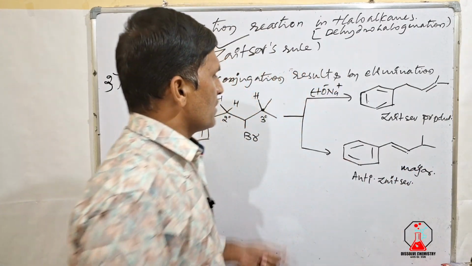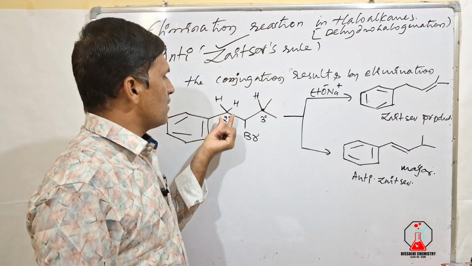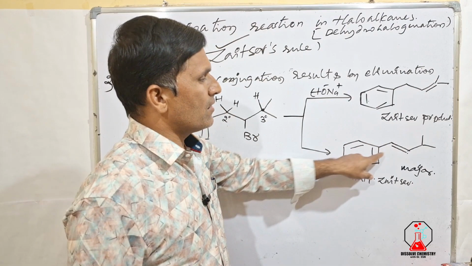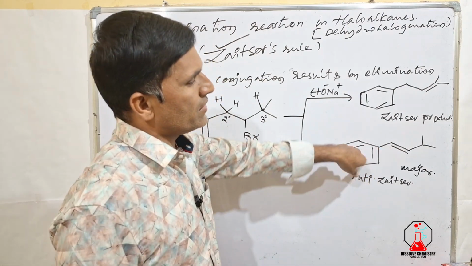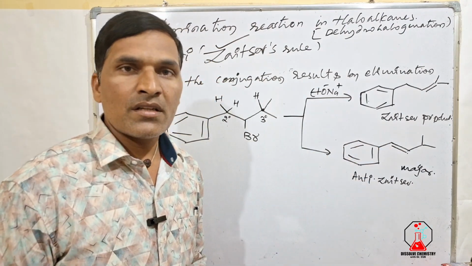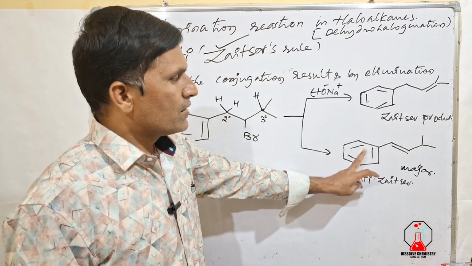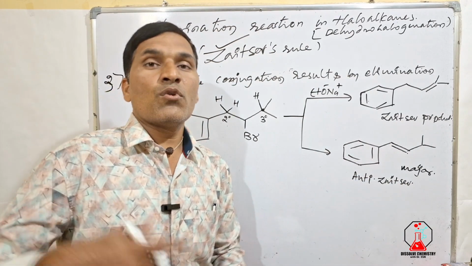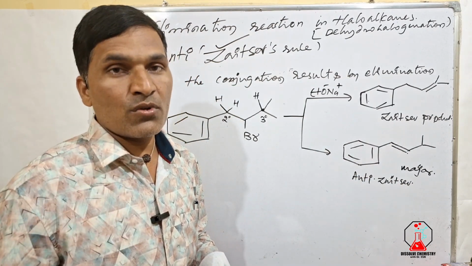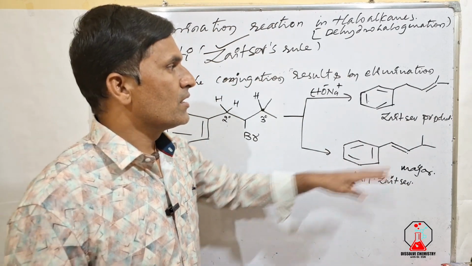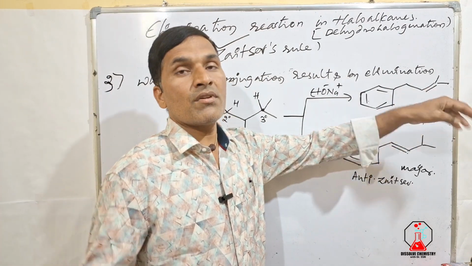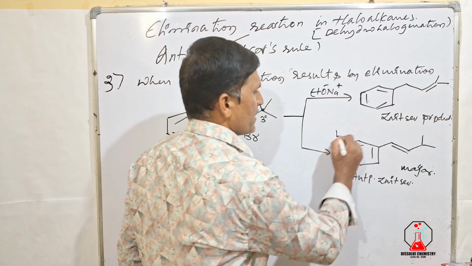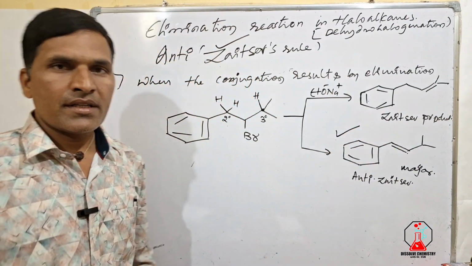Even though the proton is abstracted from the secondary carbon atom, it leads to the generation of a pi bond which is in conjugation with the already existing pi system in the molecule. So conjugation gives more stability to the molecule compared to the non-conjugated one, even though that one is more substituted. So therefore, this is the major product we are going to get.